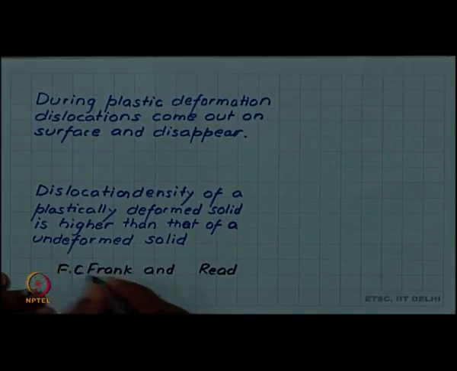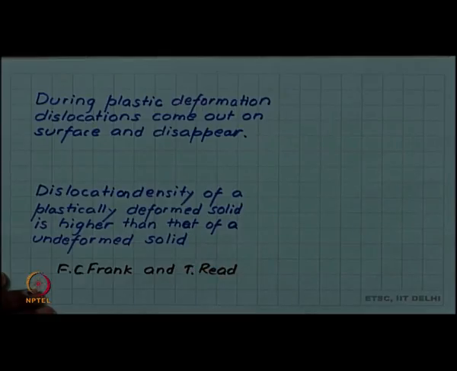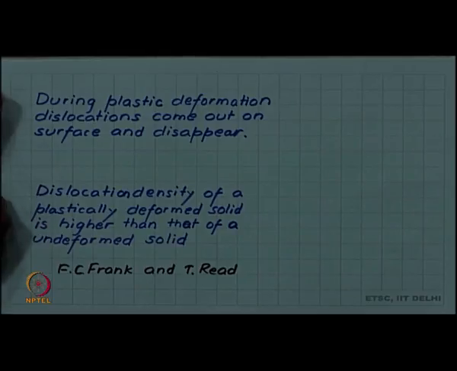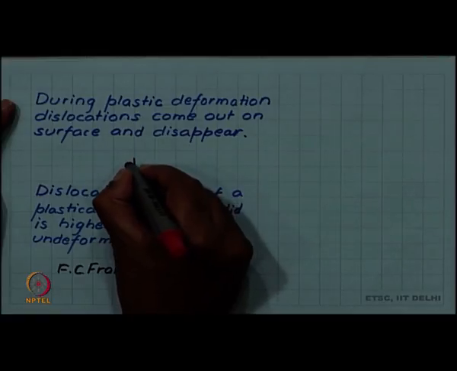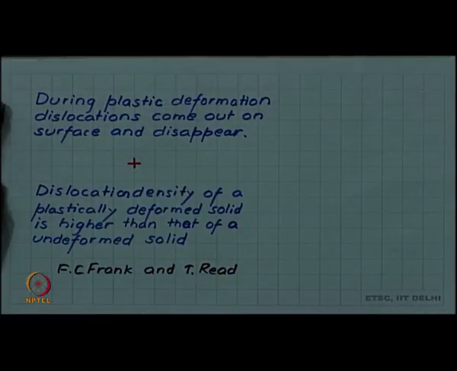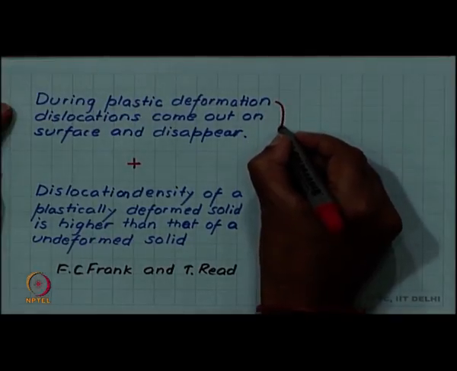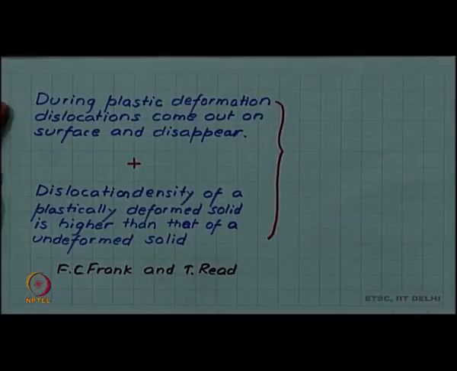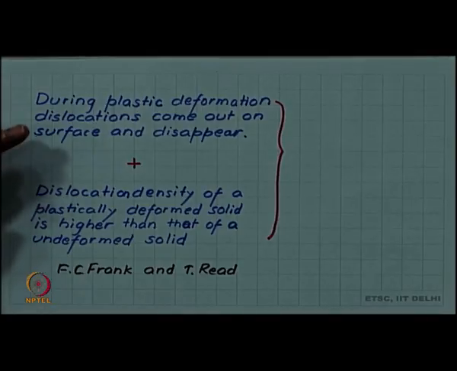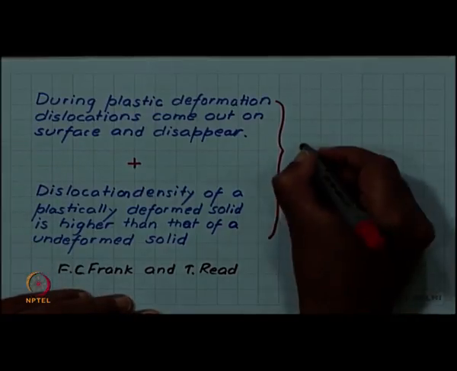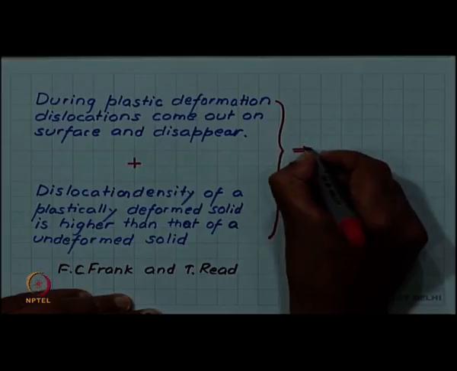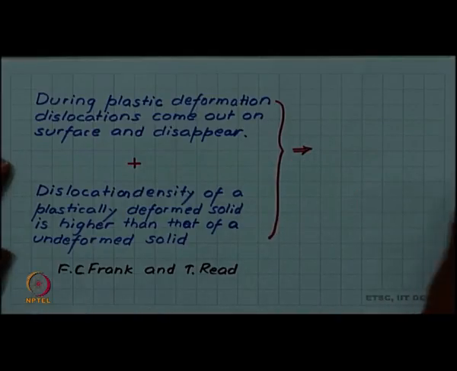F. C. Frank and T. Read. They saw that actually both of these things can be true, they are not contradictory. Together they imply that, since dislocations are coming out and disappearing, and despite that the final dislocation density is increasing, there are some sort of sources of dislocation in the crystal.